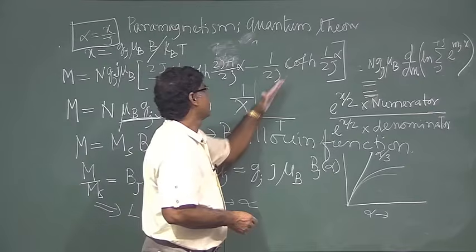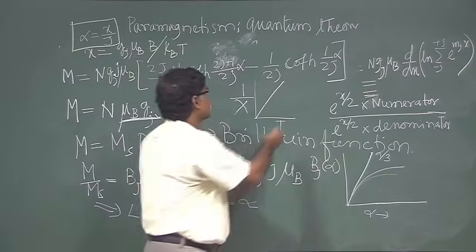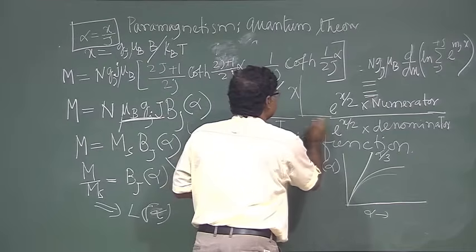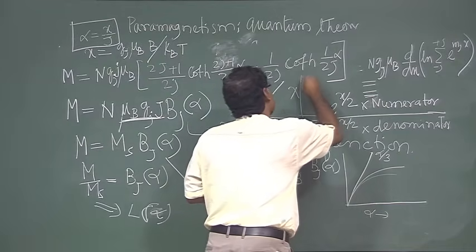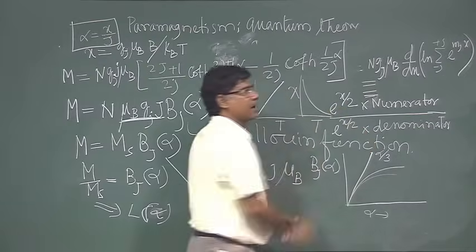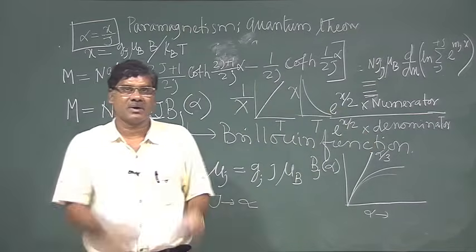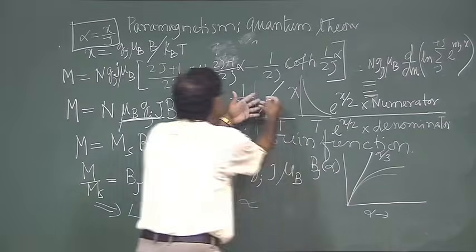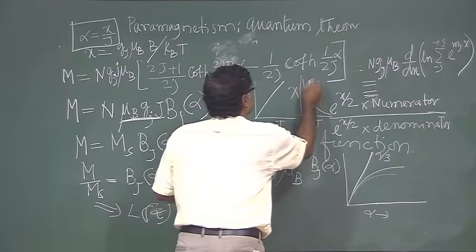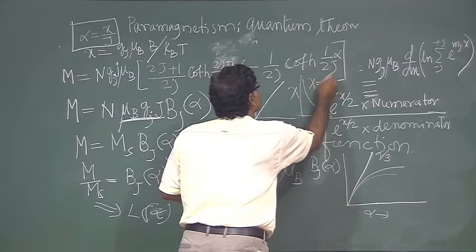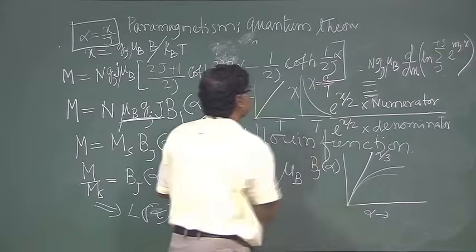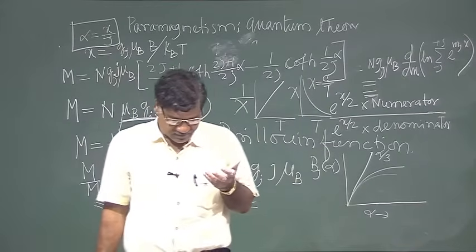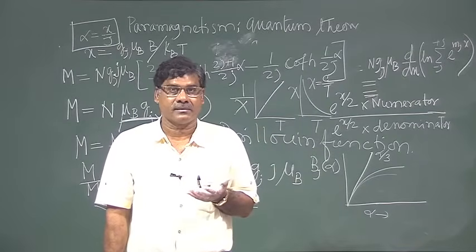So, it is a straight line. Or if you just plot chi versus T, it is a hyperbola kind of variation, because chi T equals C. So, basically this law, chi equals C by T, if you plot, this is the verification of a paramagnetic material.